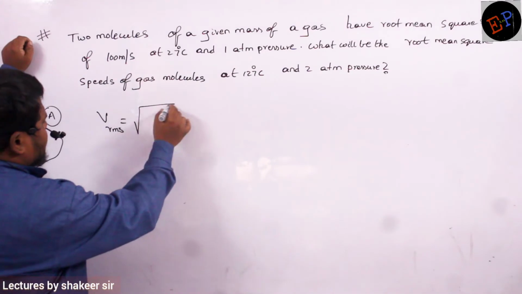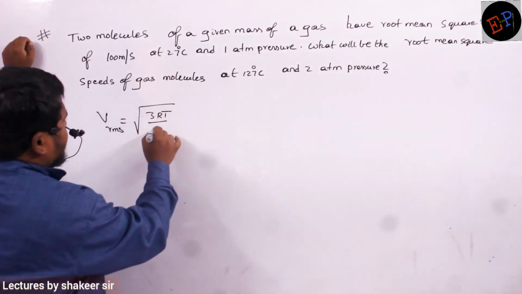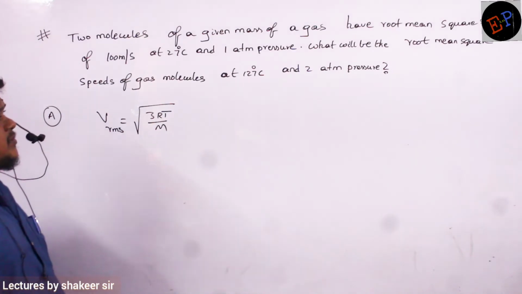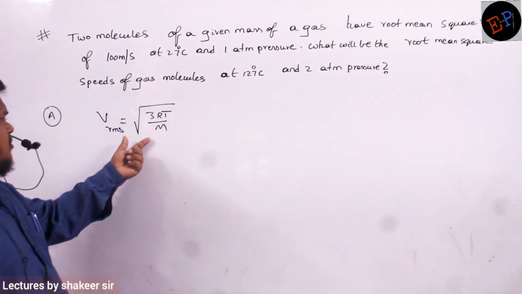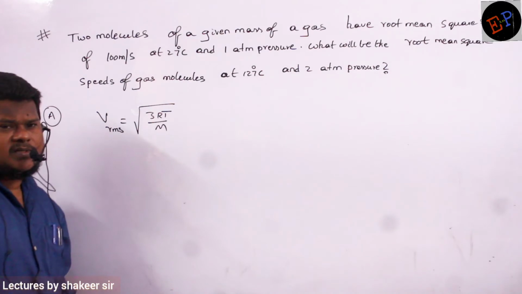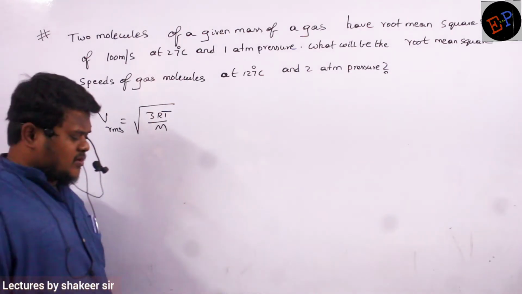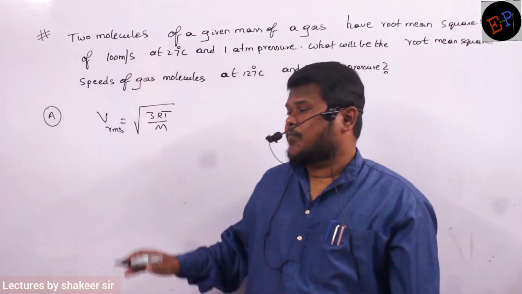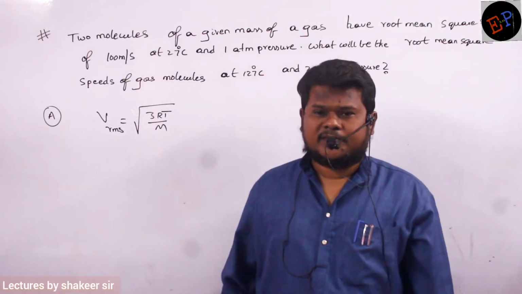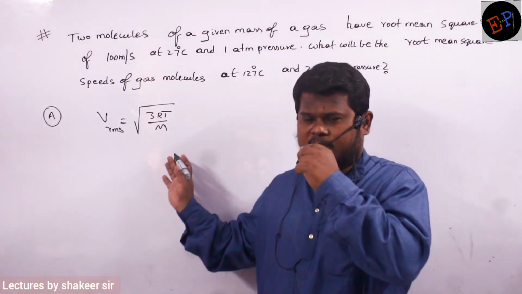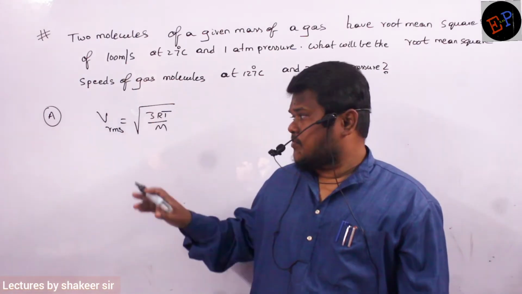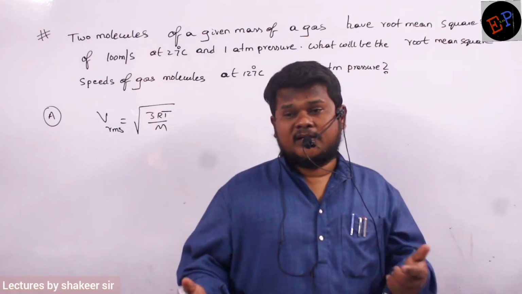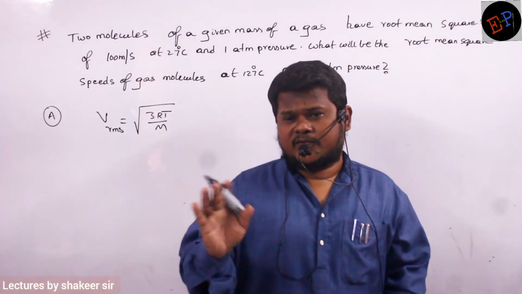Vrms is equal to square root of 3RT divided by capital M. This is what I can write now. So in this equation, is pressure present? Pressure is not there. So what do you understand? RMS speed does not depend on pressure. That is the point you should understand by looking at the equation. RMS speed depends only on temperature. Whether the pressure increases or decreases, RMS speed is never going to change.